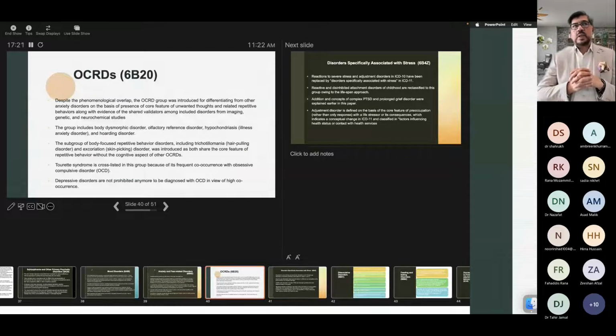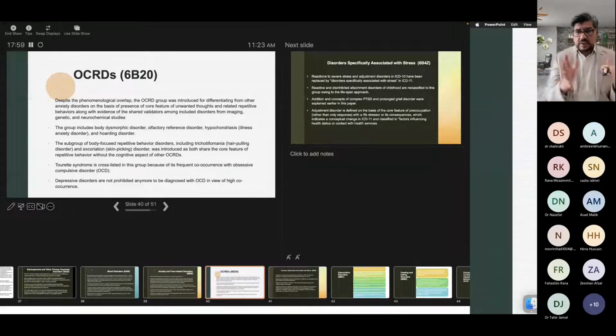OCRDs, as I mentioned earlier as well, and once again, I'll be coming to it because this is important, this is different. OCRD 6B20. Despite phenomenological overlap, the OCRD group was introduced by differentiating from other anxiety disorders on the basis of presence of core feature of unwanted thoughts and related repetitive behaviors, along with the evidence of the shared validators among included disorders from imaging, genetic and neurochemical studies.